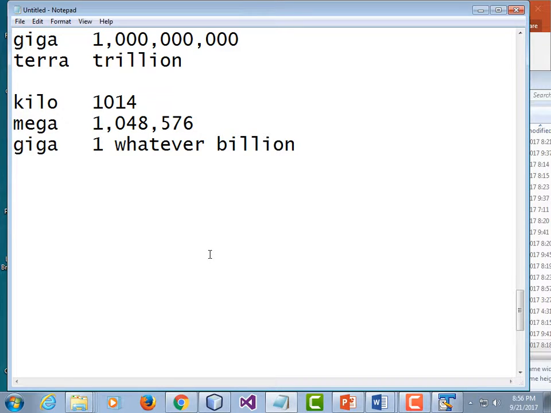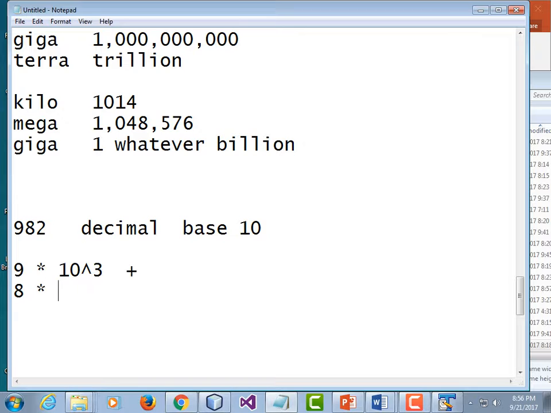Okay, so say we have a binary number. First off, let's say that we have the number 982 in decimal, in base 10. What does that really mean? That means 9 times 10 to the power of 3, because this is the third place, plus 8 times 10 to the power of 2, plus 2 times 10 to the power of, no, that's wrong.